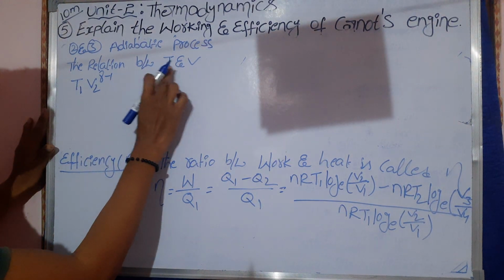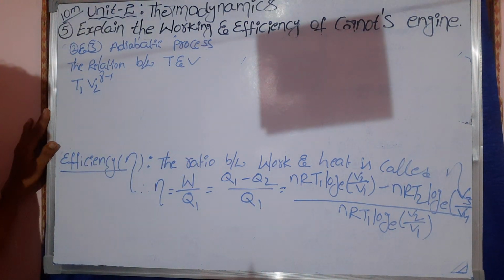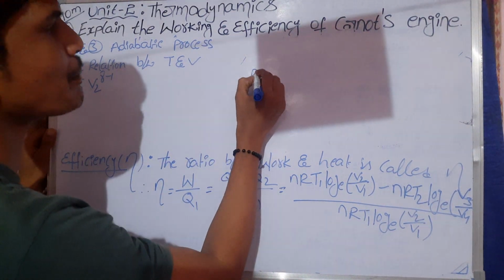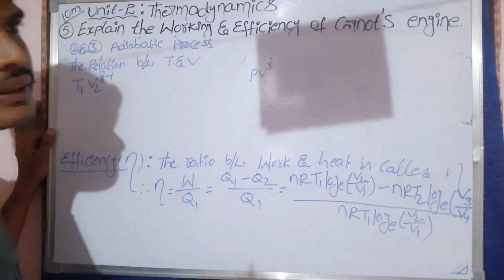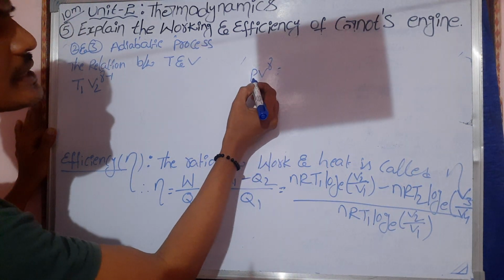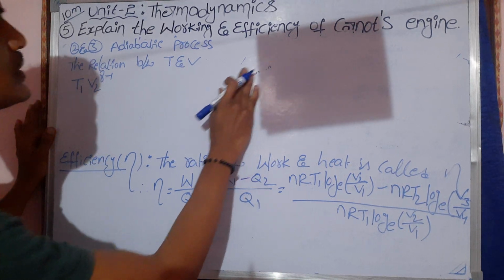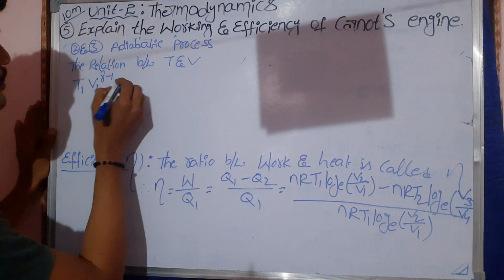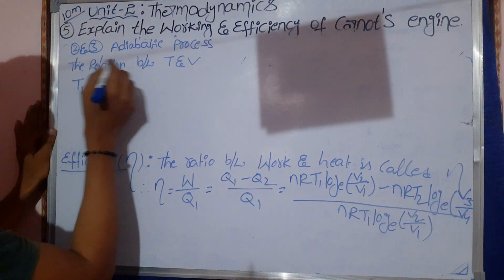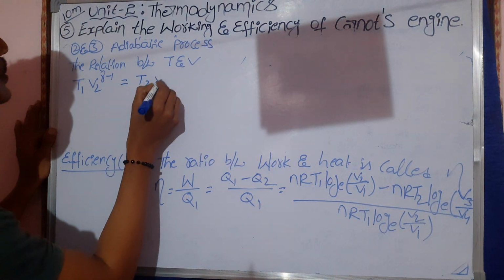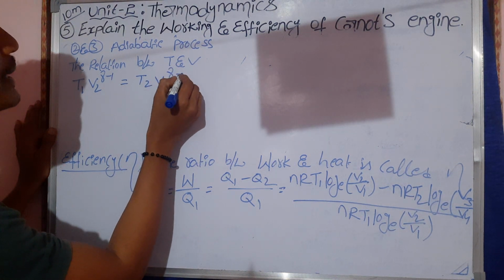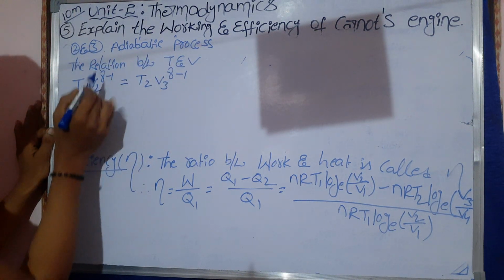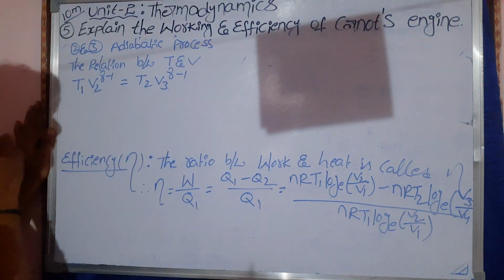So this is the temperature-volume relation. The pressure and volume relation is PV power gamma equal to constant. This is the pressure and volume relation. So this is the temperature and volume relation equal to T2 V3 gamma minus 1. So 2 and 3 adiabatic process. 2 means volume V2, 3 means volume V3.